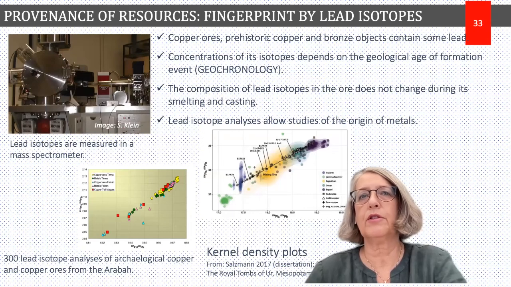Fingerprinting the ores in archaeological objects is made possible by lead isotope analysis. The ores have a significant isotope pattern, which is related to the geology of the ores. This pattern does not change during the smelting procedure, so that it is still preserved in the object. Analyzing the object can hence trace the ore deposits.